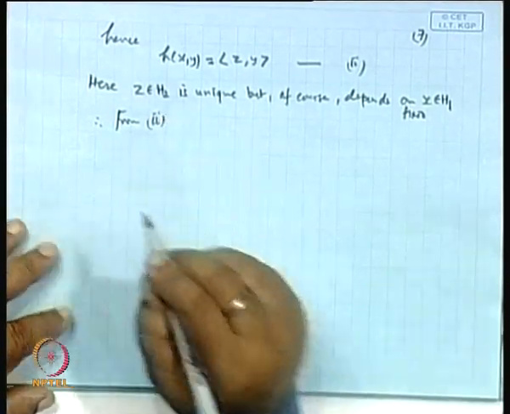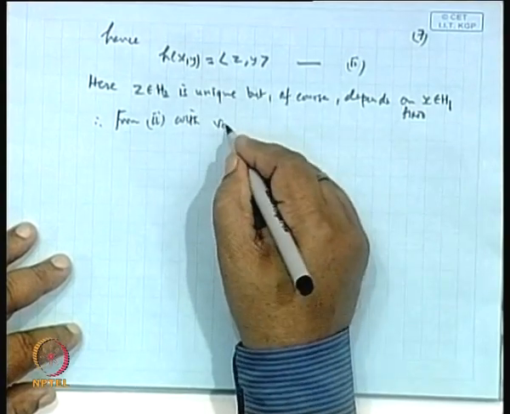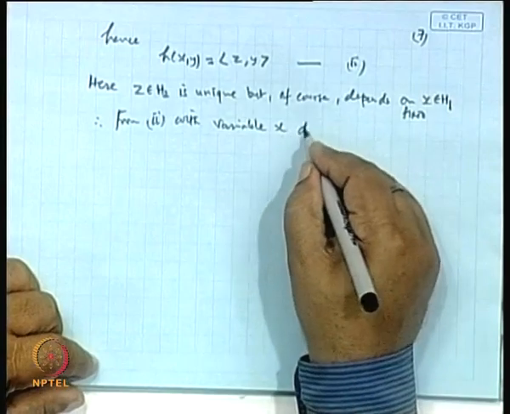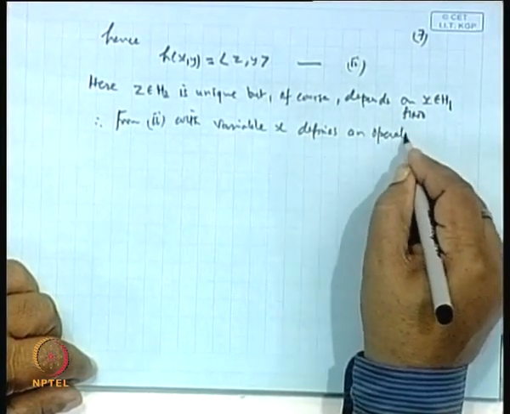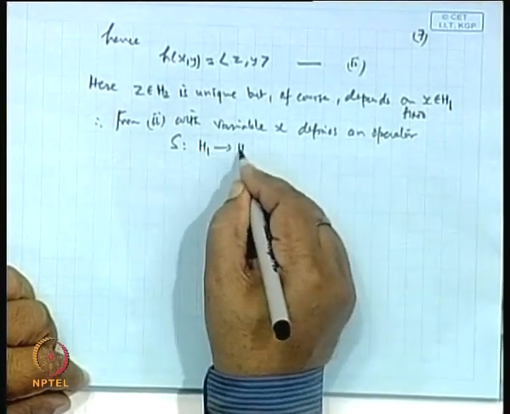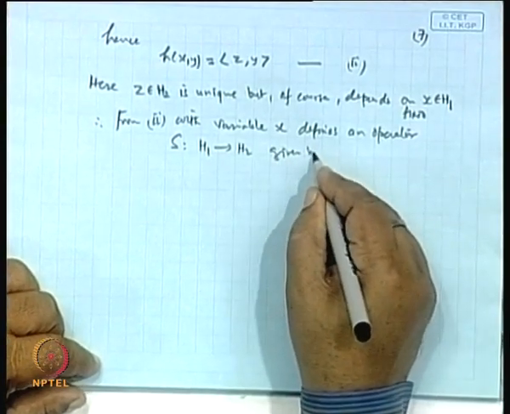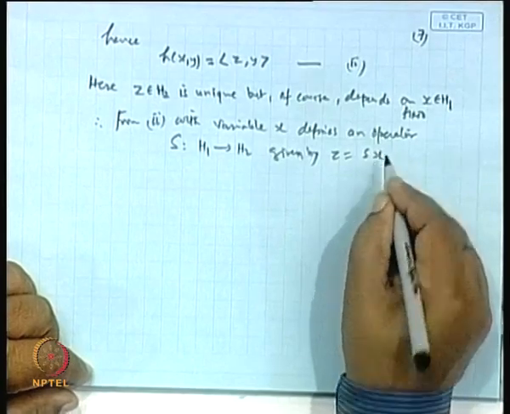Therefore, we can say from (i), with variable x, one can define an operator S from H1 to H2 given by z equal to S x.